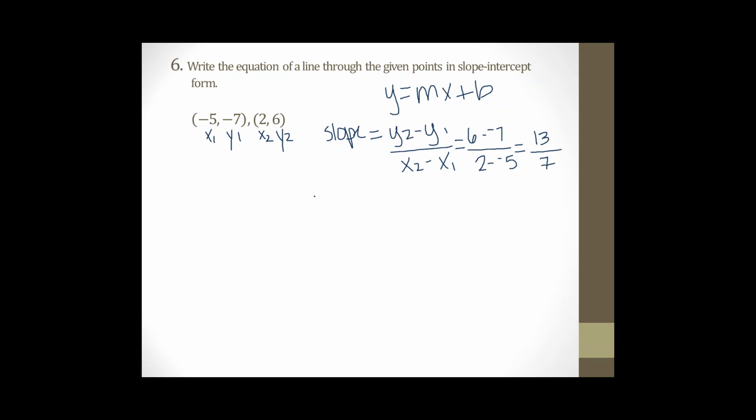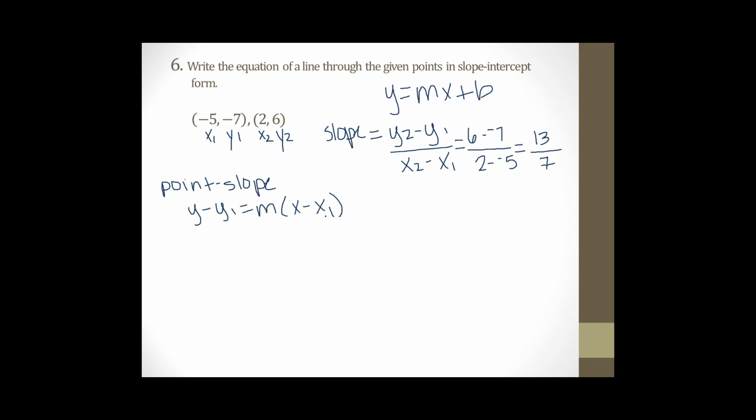Now we want to work on getting the equation. So let's use point-slope formula, and then we'll rewrite our equation into slope-intercept form. So that's y minus y1 equals m times x minus x1.